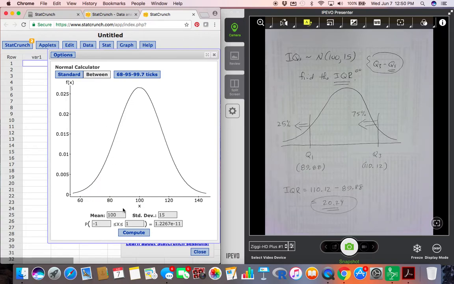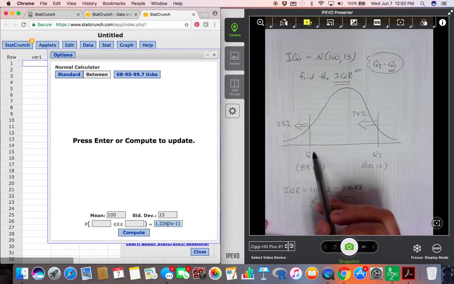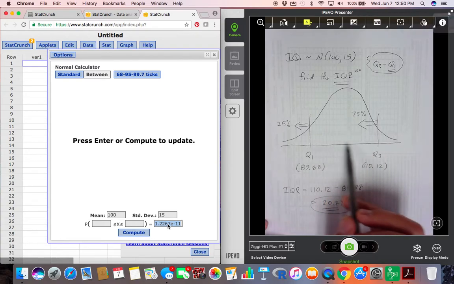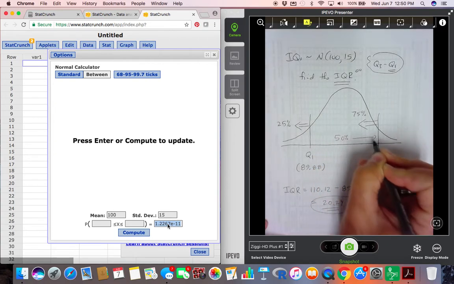Let's go to between. Got the mean and standard deviation. I want to leave those blank. And I want to come in here and put what? Well, by drawing over here, what's the area between these two right here? 50%.